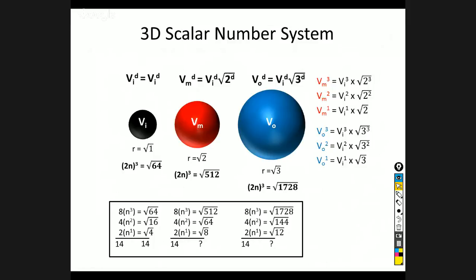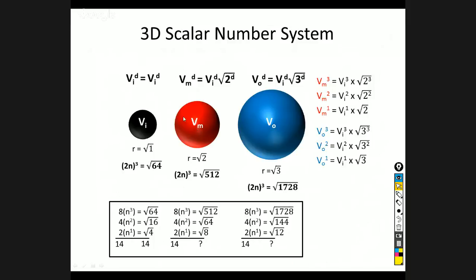Now, this is interesting because we can study. See, I've kind of drawn these in scale. It's not perfect to scale, of course, but at least it gives us some idea that the inner ball of the LC, the Larson's cube, when it's 8 or 2 by 2 by 2, a stack of 8 1-unit cubes, fits right inside there, and its radius is equal to 1 or square root of 1.